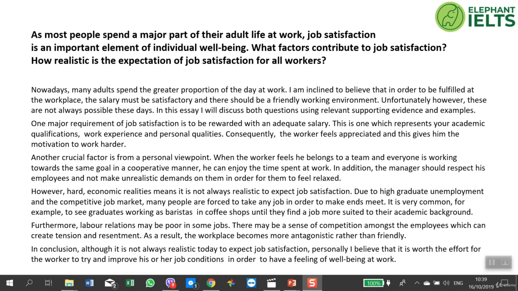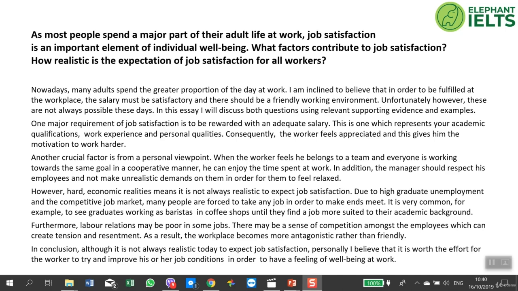What factors contribute to job satisfaction? The first question. And the second one, how realistic is the expectation of job satisfaction for all workers? So you can see 2 clear questions, and we must answer both of them in 2 paragraphs each in the main body.